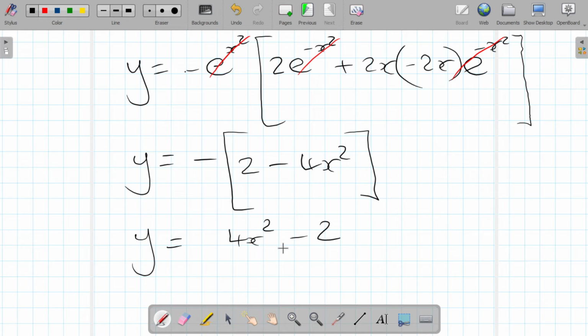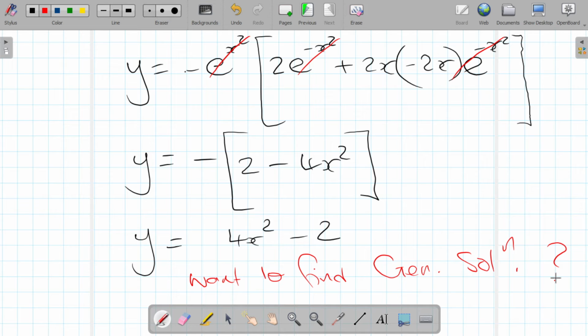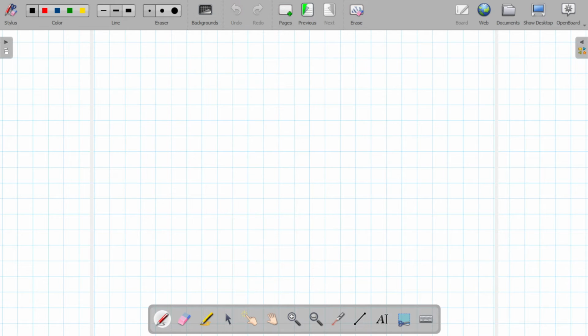Right. We want to find the general solution. Right, so how do we do that? Okay, well, let's just go on to the next page.